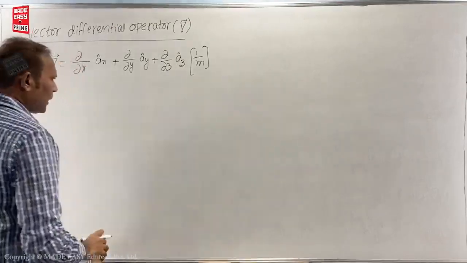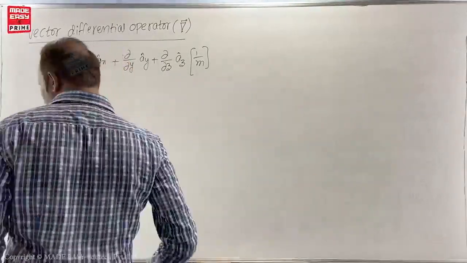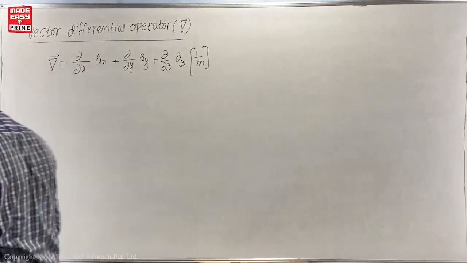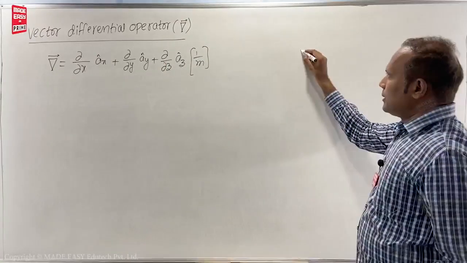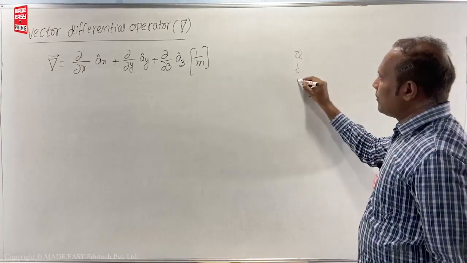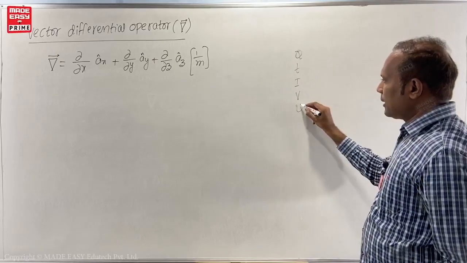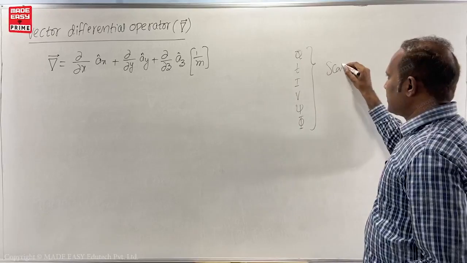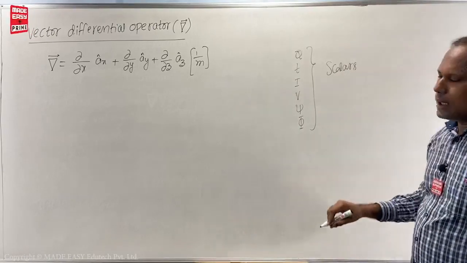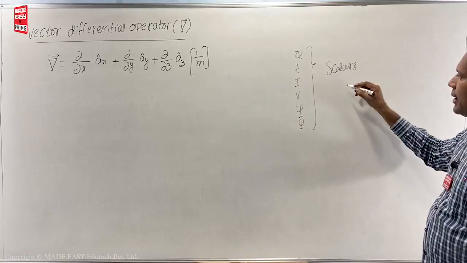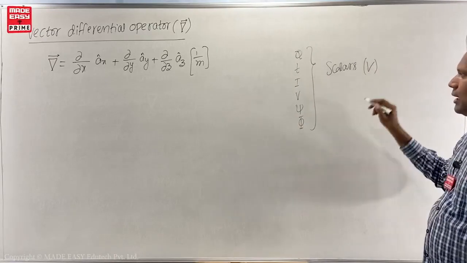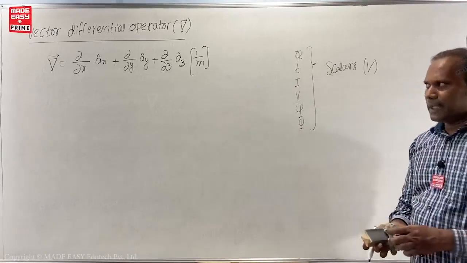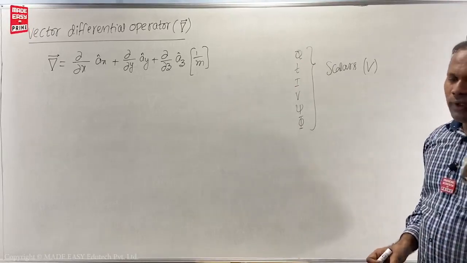Now, actually dear students, already I told you that charge and time, current, voltage, electric flux, magnetic flux, they are all scalars. So what we do, commonly all are called scalar V. Don't think this is voltage. That's simple, no? In our electromagnetic theory, we will say let V be any scalar.